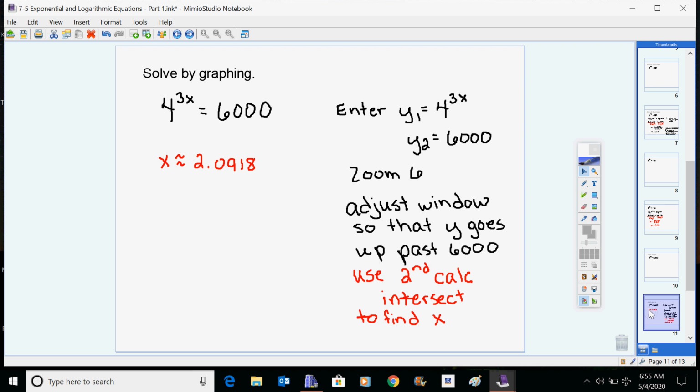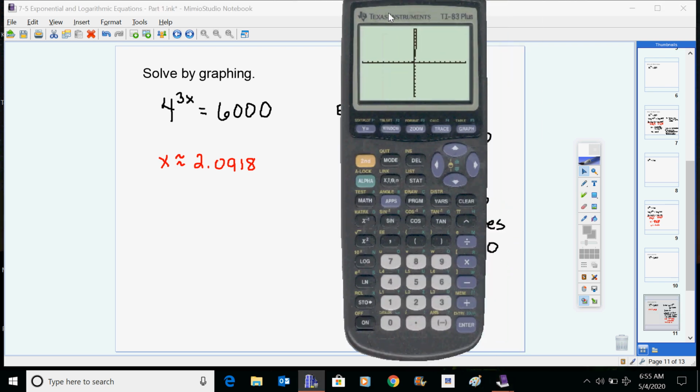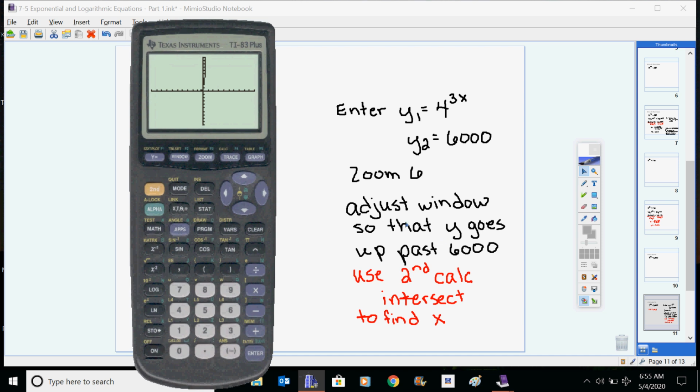So we need to make sure that our window is set, if you remember adjusting the window, so that it goes past the 6,000. Because y2 is a horizontal line up at 6,000, and we only are going to 10 with the zoom 6.